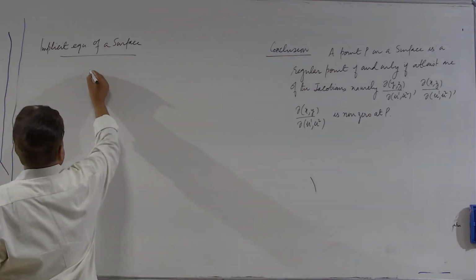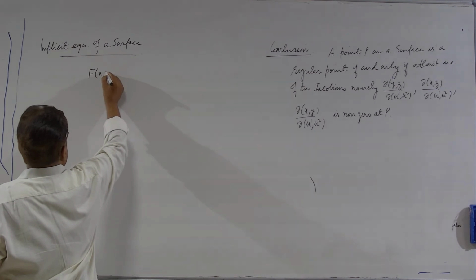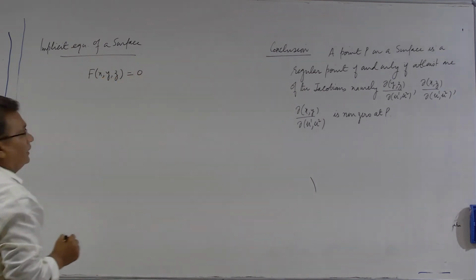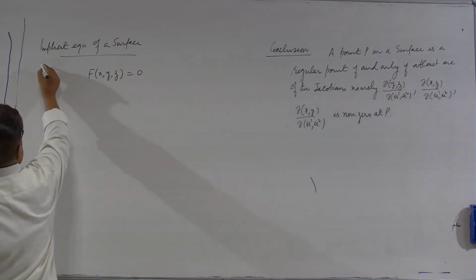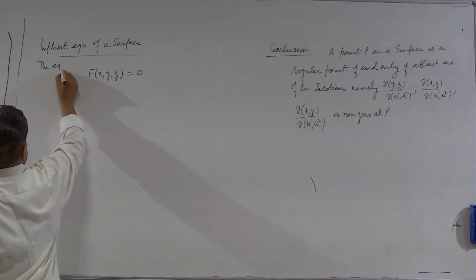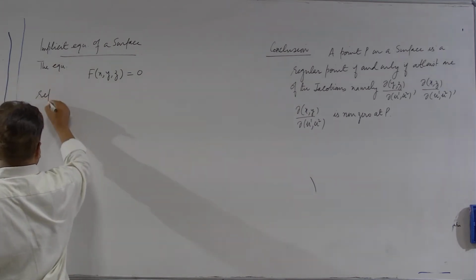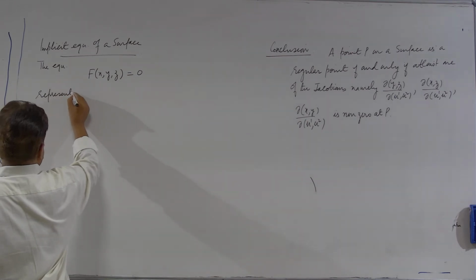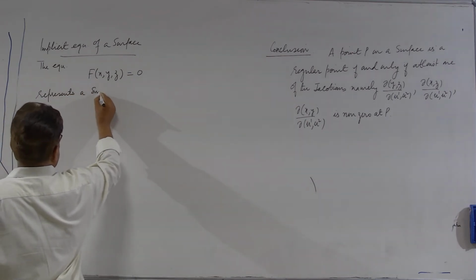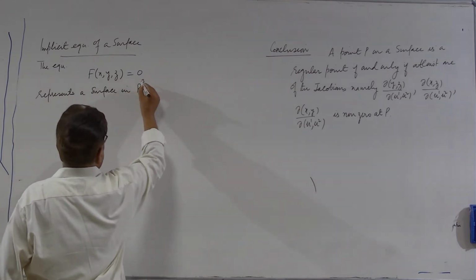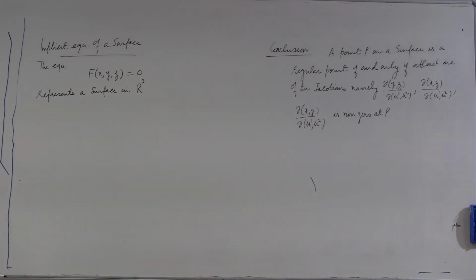If I have a function f of 3 variables x, y, z, then an equation of this type represents a surface in R3 if one of the partial derivatives of f, at least one of them, is non-zero.